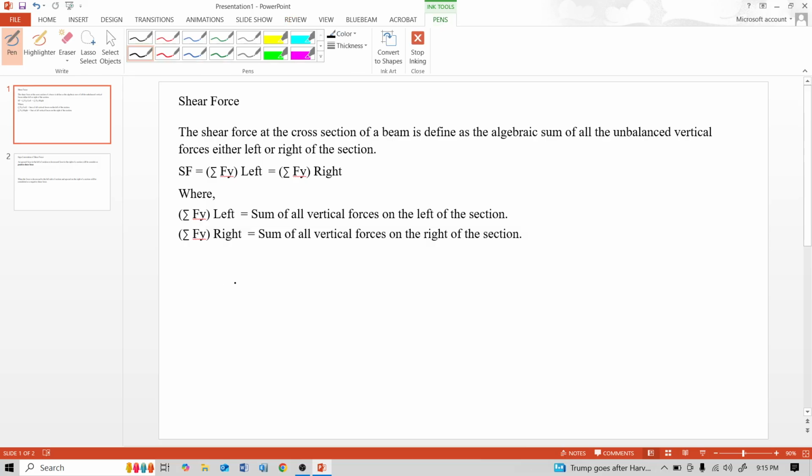Consider one simply supported beam with uniformly distributed load.